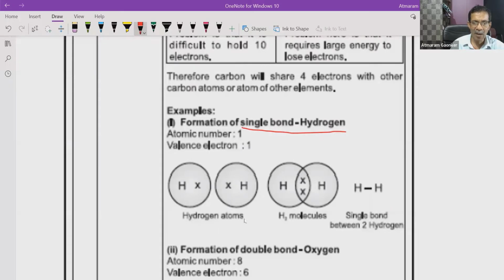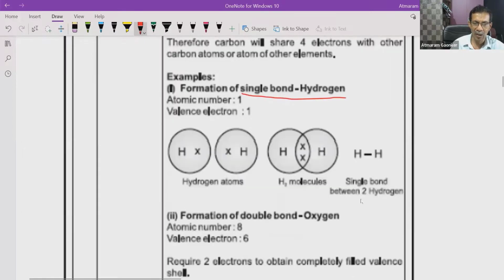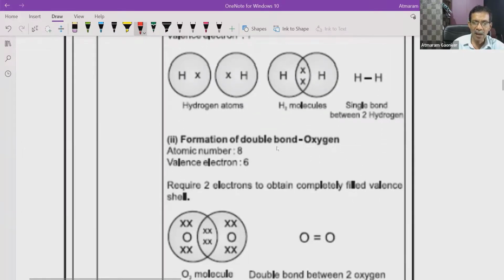When hydrogen combines, you get H2. This is the H2 molecule because 1 electron from each hydrogen is shared and a single bond is formed by sharing of electrons. Then we will understand the formation of a double bond, that is with oxygen.